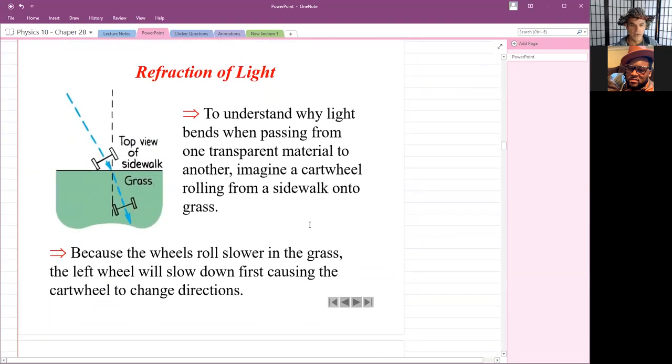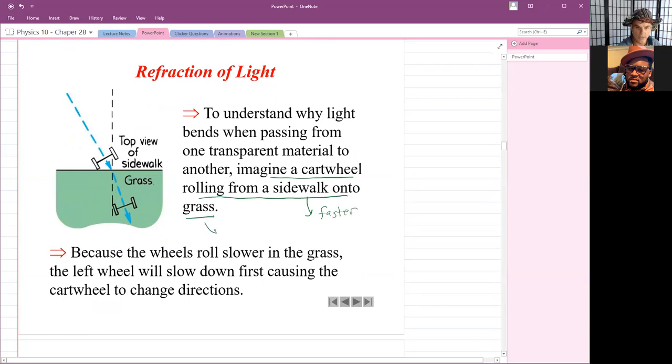Now, here's a great way. I love the way your book does this, and I actually use this in my calculus-based physics classes too. And this is how to tell which direction light is going to bend. The way you understand it is by imagining a cartwheel which is rolling. Let's say it's rolling from the sidewalk onto grass. In the sidewalk, it's moving faster.